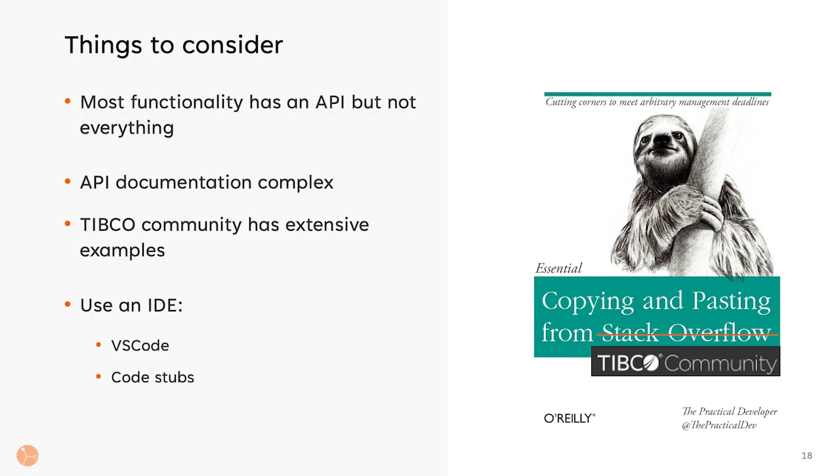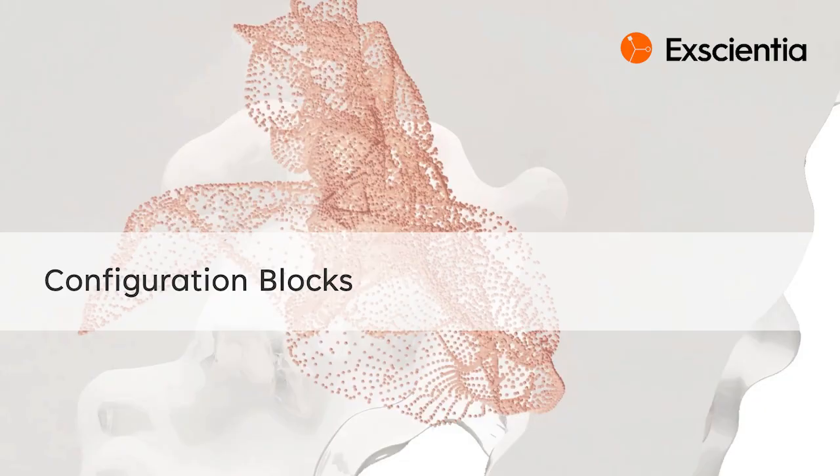I always just search Spotfire, IronPython, how do I change the colors on a graph, and there'll be some code snippet there. It's an essential copy and paste thing, much like people use Stack Overflow, where we use the community because there are so many great code samples there. What I would say is you're going to really struggle pretty quickly. You need to use an IDE to write these IronPython scripts because editing them in Spotfire is a challenge. So that's IronPython.